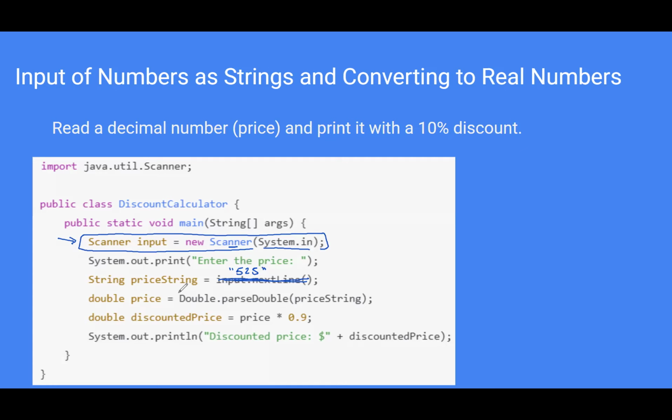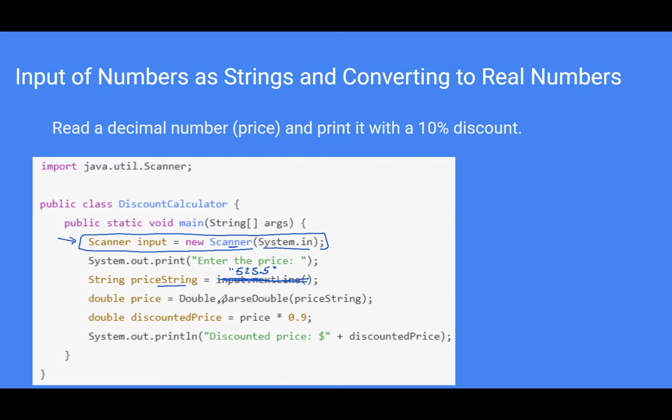Wait, no, that is not correct. I need to add maybe 0.5. So this string contains 525.5. This is a decimal point. I am storing that into the string price string.